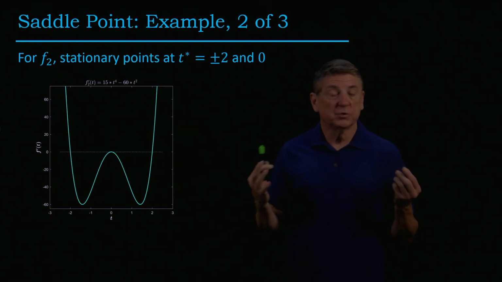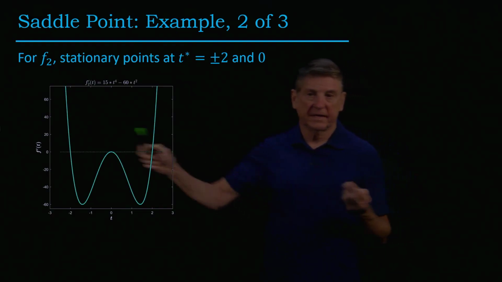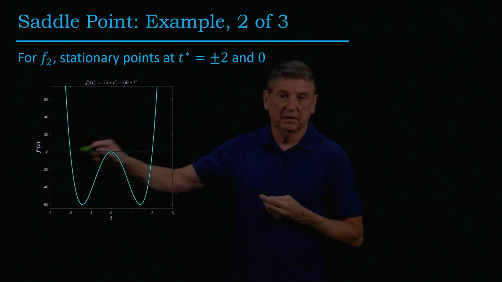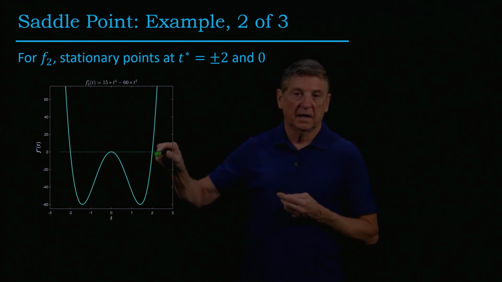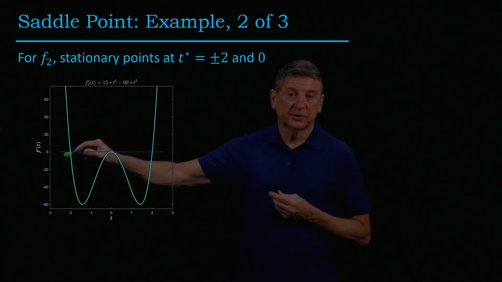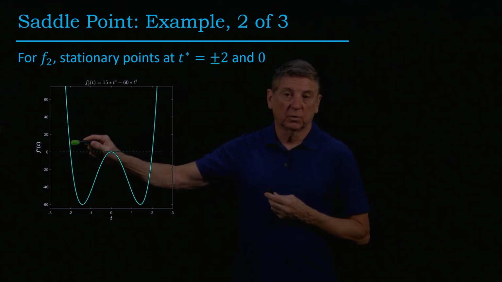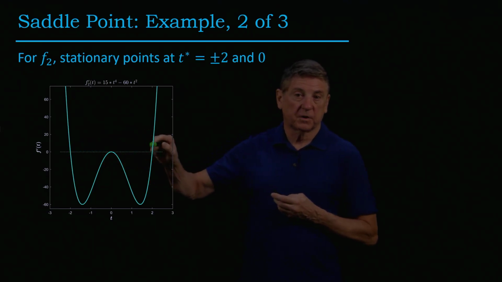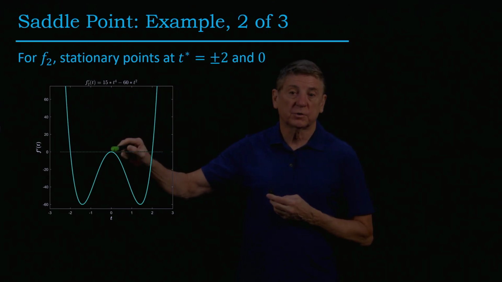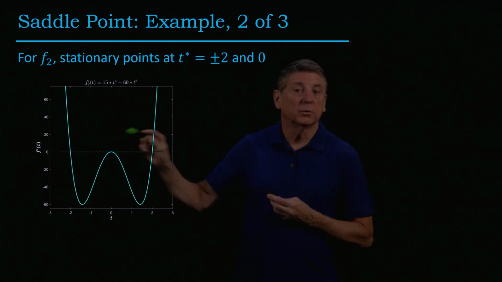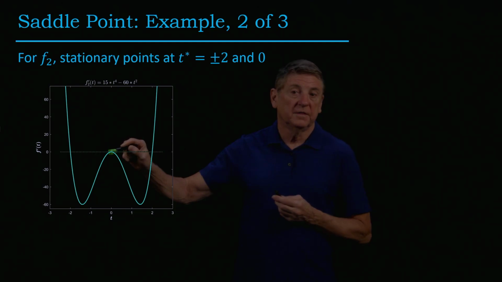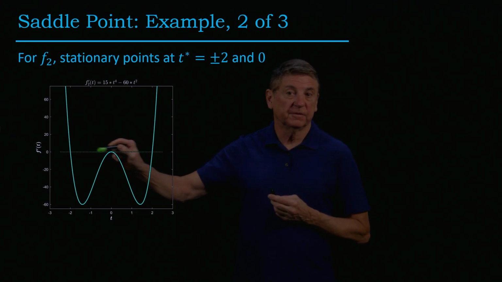And this is what the first derivative looks like: it's 0 here, it's 0 here, and it's 0 here. This corresponded to our local maximum, this corresponded to our local minimum, and this corresponded to our flat saddle point. Now let's observe that here the second derivative is 0. That is, the derivative of the first derivative is 0.